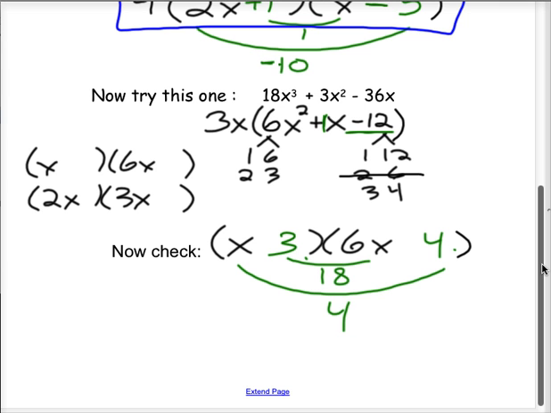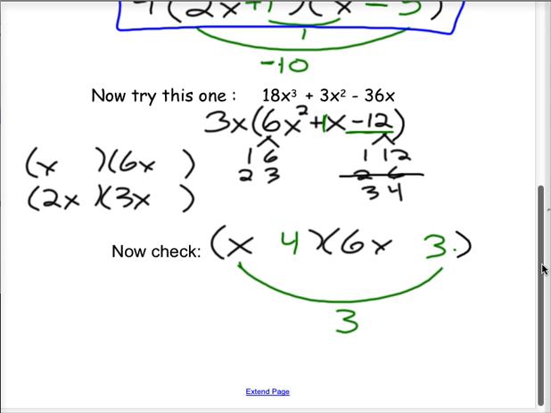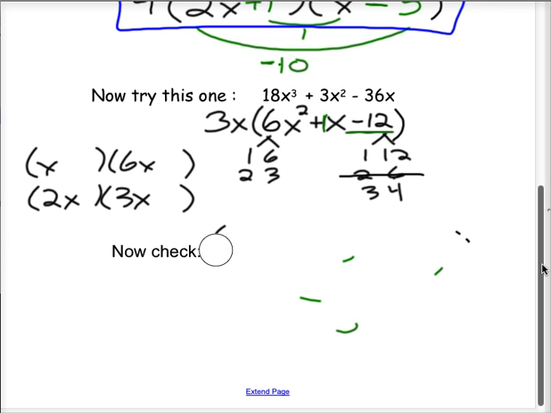Still not the one that we're shooting for. So let's flip this. Let's put the 4 here, the 3 there. So we get 3 and 24. And again, one of them has to be negative. So we're either talking about 21 or negative 21. Still not what we're looking for. So that means we've exhausted all of those options for that first structure.